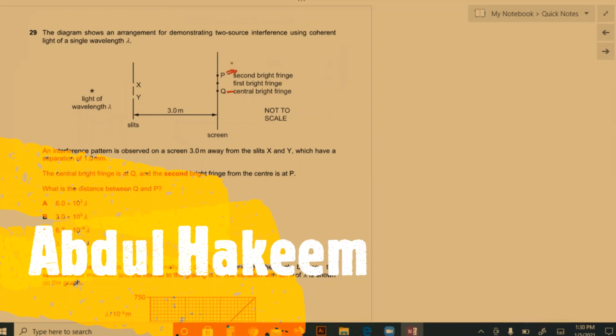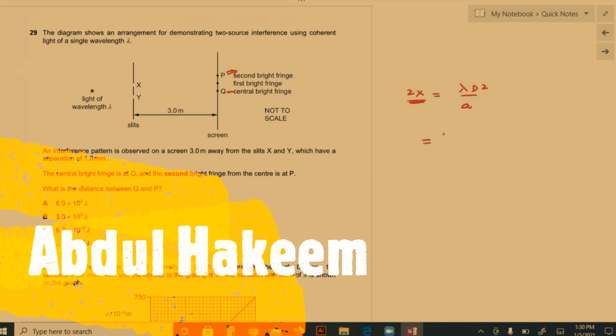Look, the distance between two consecutive bright fringes is lambda D divided by a. But this P and Q distance is double, so we will multiply it by 2. The question is, what is the distance between Q and P? Meaning this 2x is required.